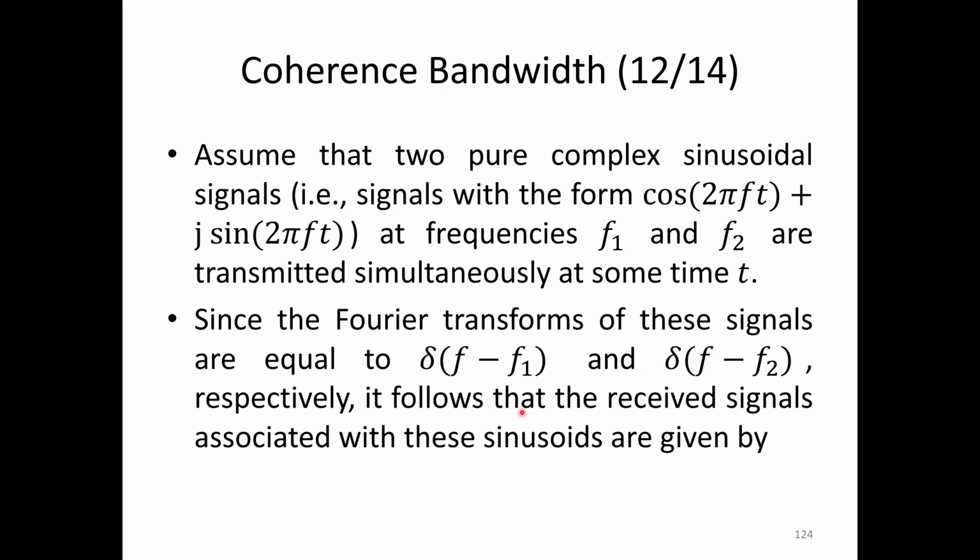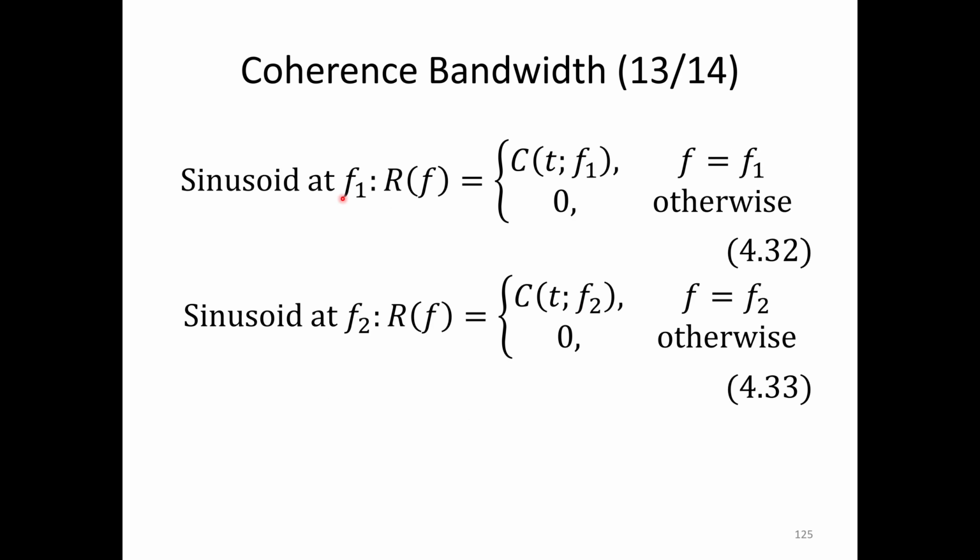It follows that the received signals associated with these sinusoids are given by the following. For the sinusoid at f1, R of f is equal to C of TF1 times U of f, where U of f is the input signal of the channel in the frequency domain.